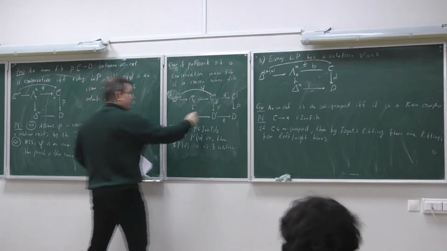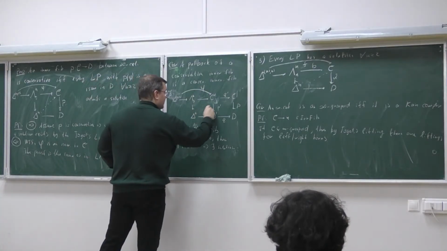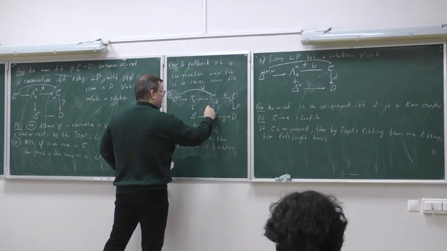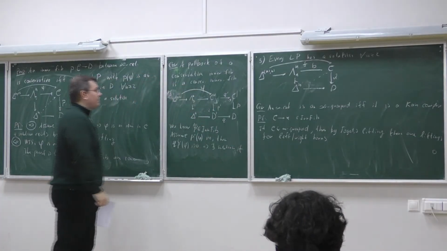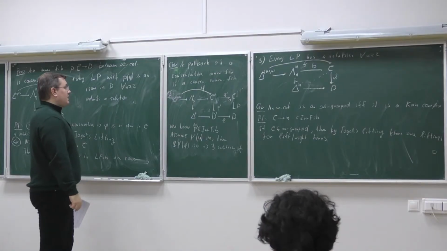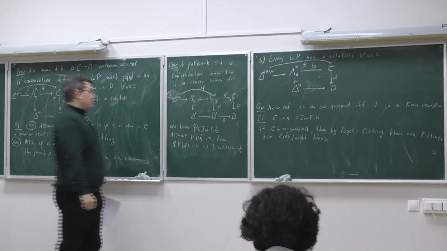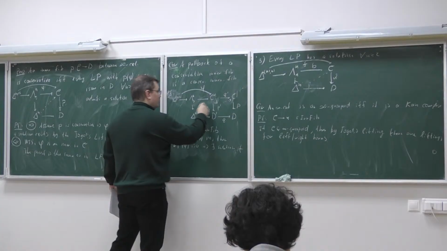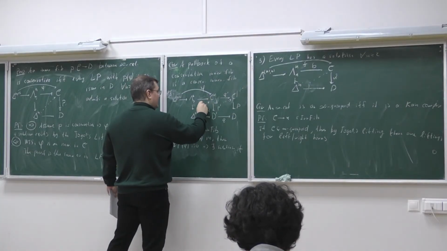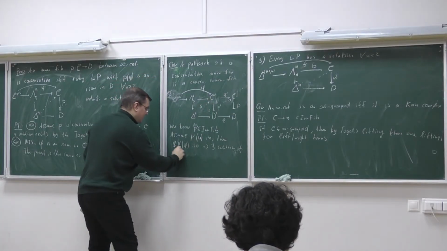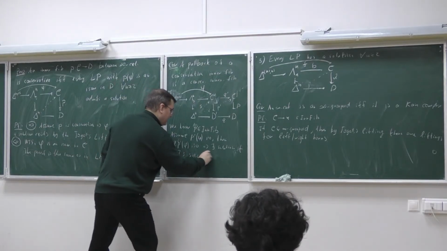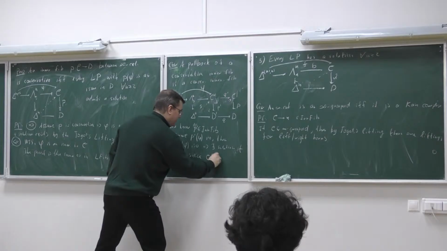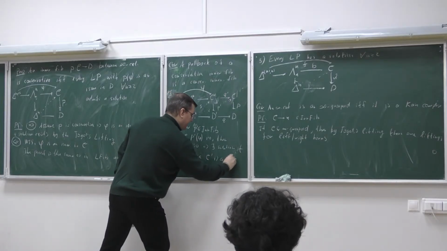Let me call this T. So there is a solution little t, and then of course there is a solution S, since C prime is a pullback.